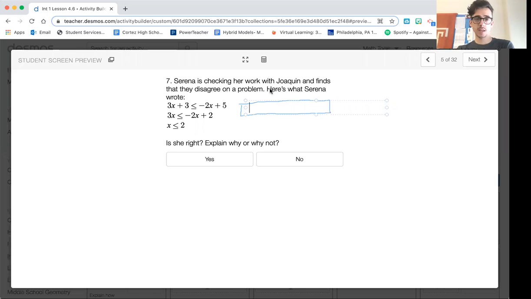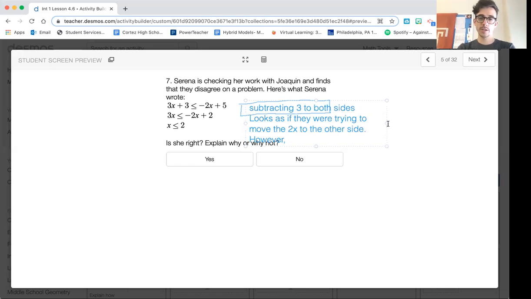Well, it looks as if they took the 3 to the other side. So this was subtracting 3 to both sides. It's fine. That's a safe move. And then what do you think they did from line 2 to line 3? It looks as if they were trying to move the 2x to the other side.